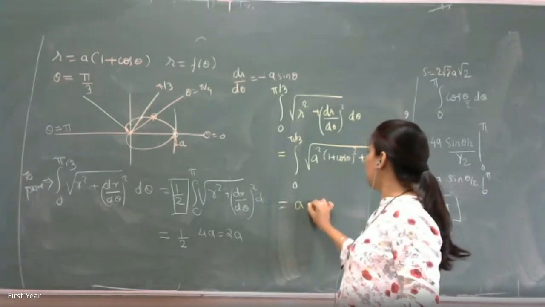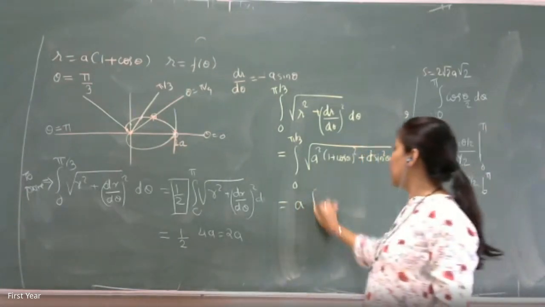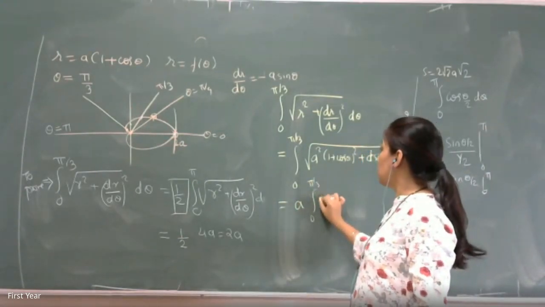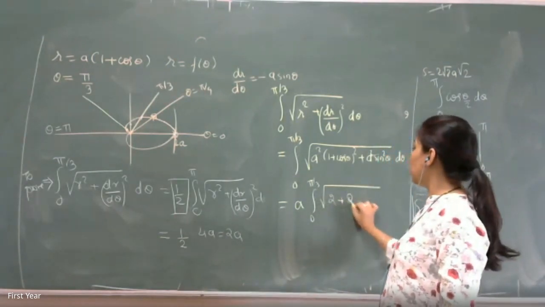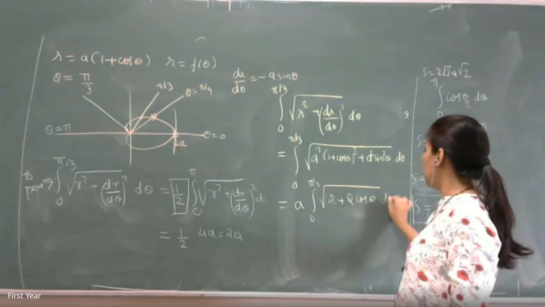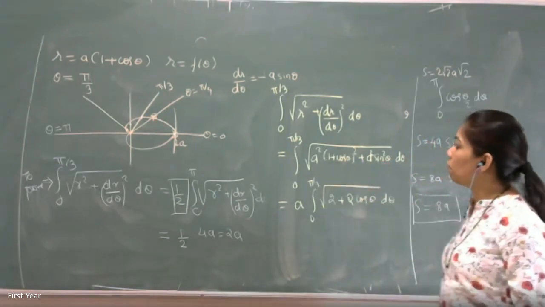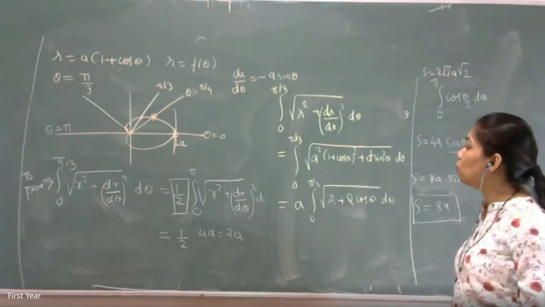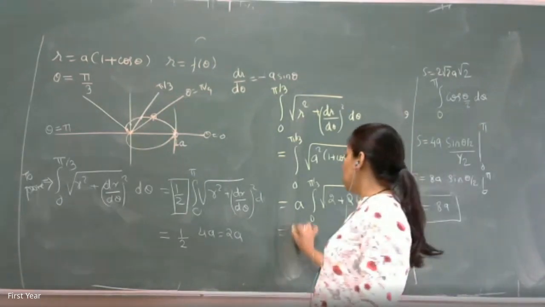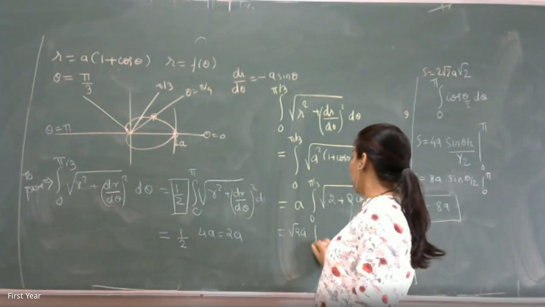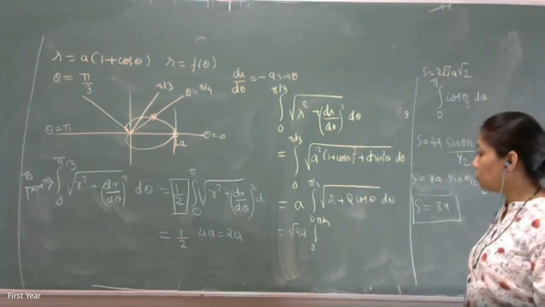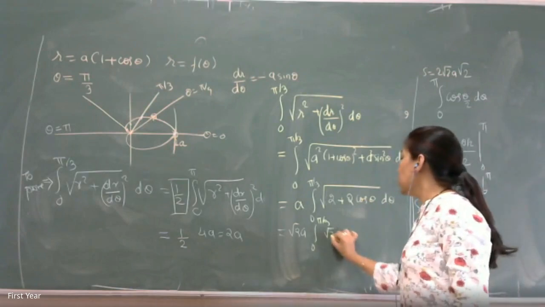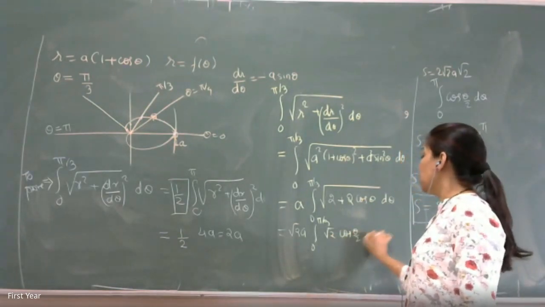So a will come outside, and inside it is the integral from 0 to pi by 3 of the square root of 2 plus 2 cos theta d theta. Sin square plus cos square is 1, 1 plus 1 is 2, and the middle term is 2 cos theta. So your answer will be root 2a integral from 0 to pi by 3. 1 plus cos theta is 2 cos square theta by 2, so you get root 2 into cos of theta by 2 d theta.